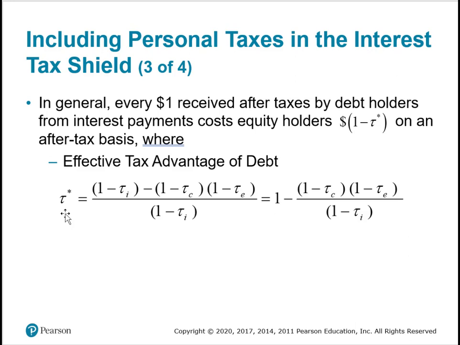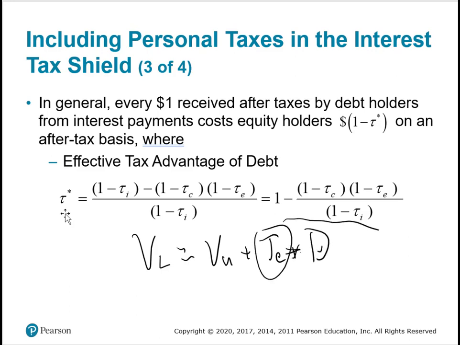So all we're doing is taking this formula that was the value of levered is the value of unlevered plus T sub C times D, right? This is now changed to this when we include the personal taxes of interest and debt.